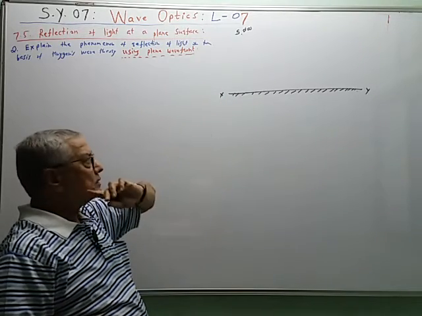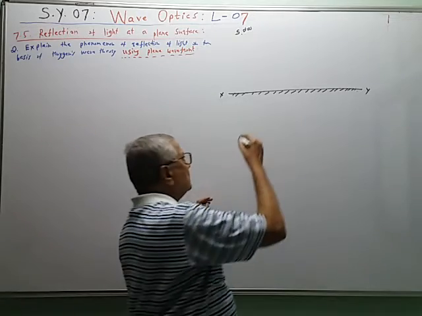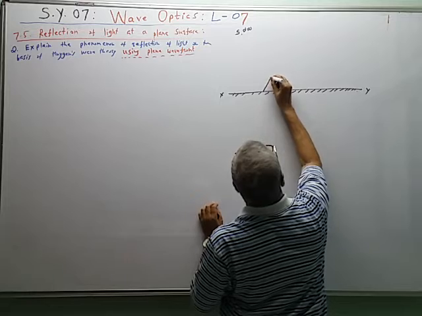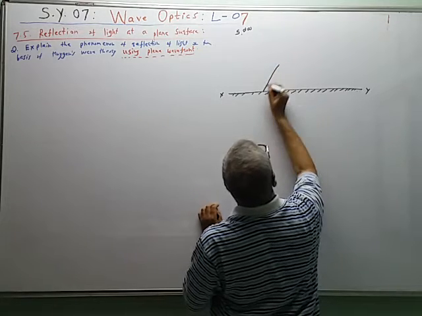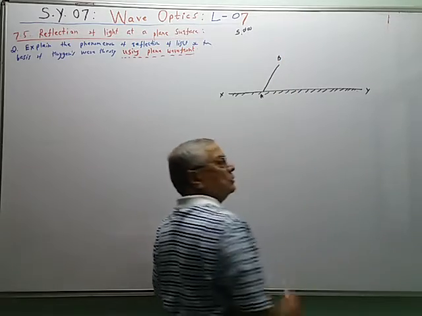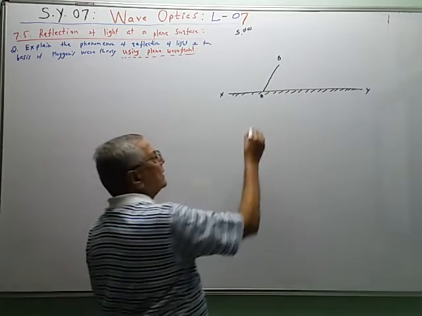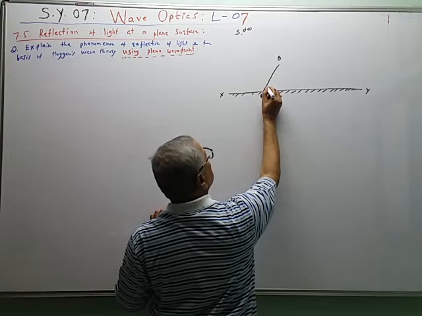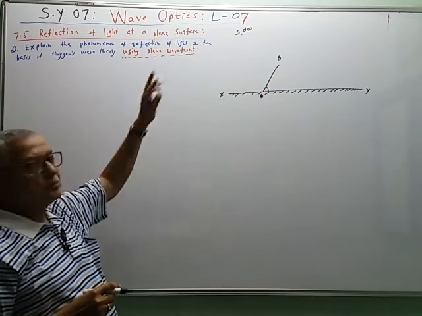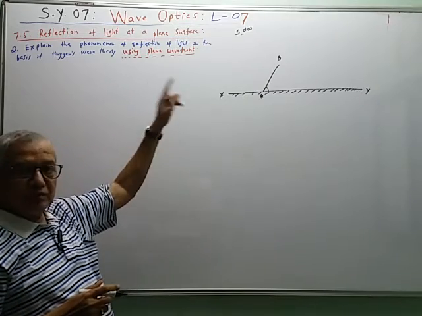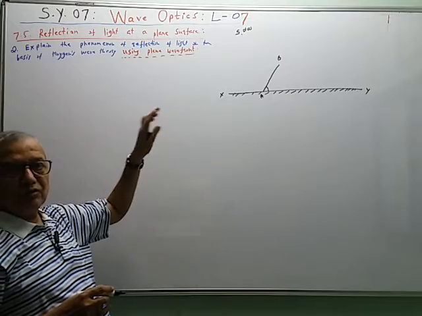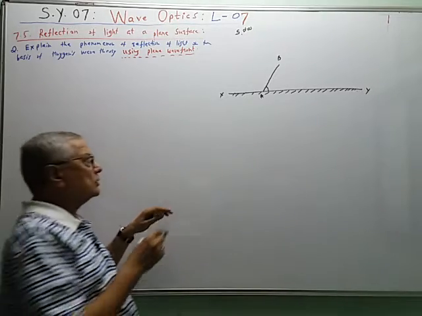Now when it touches the surface XY, the position is shown here. Suppose this is the wavefront AB. Generally while drawing the figure, this angle should be more than 68. So AB is a plane wavefront obtained from the source. For a plane wavefront, the rays of light, the wave normals, are parallel to each other.